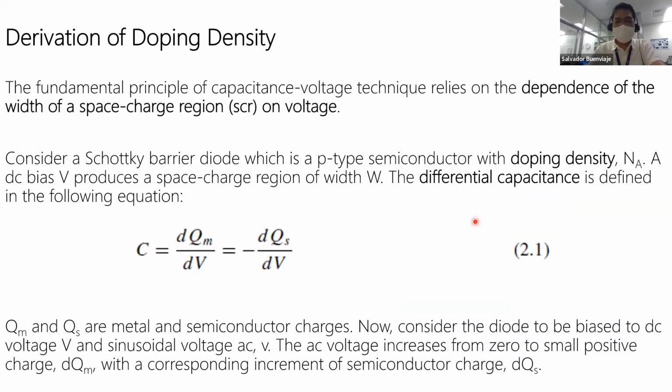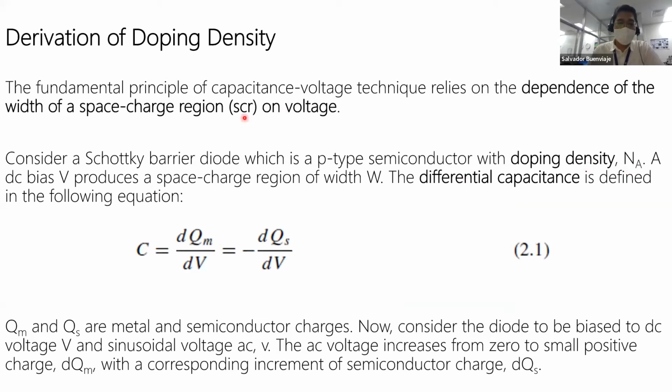So let's first derive the governing equations for doping density. The fundamental principle of the capacitance voltage technique relies on the dependence of the width of the space charge region on voltage. Consider a Schottky barrier diode, which is a p-type semiconductor with doping density Na.